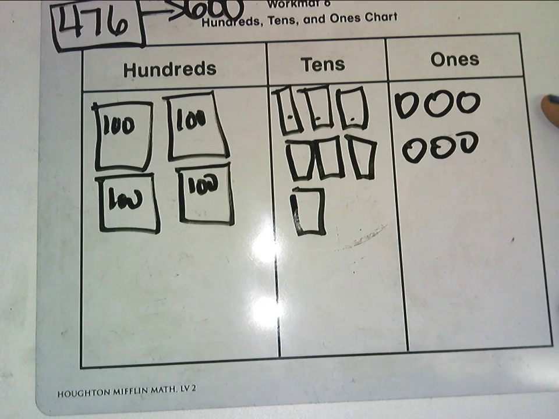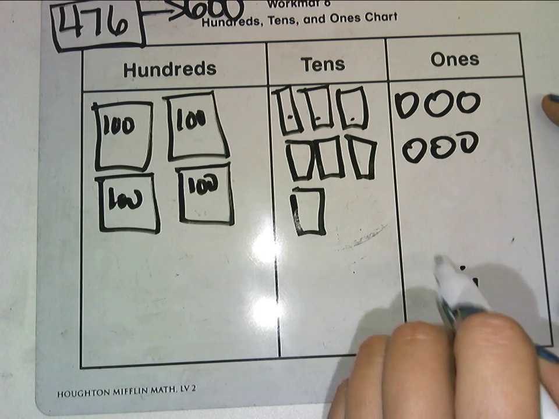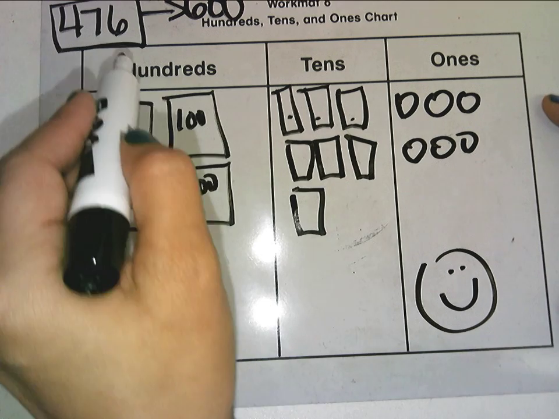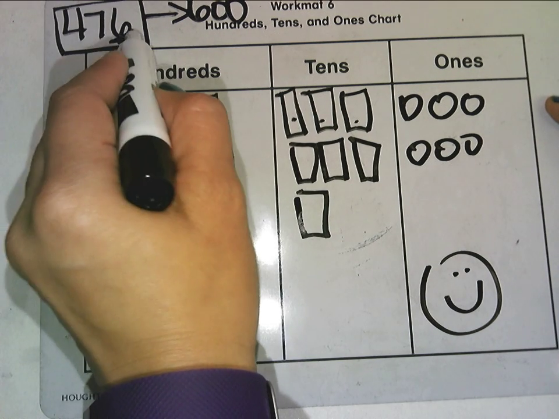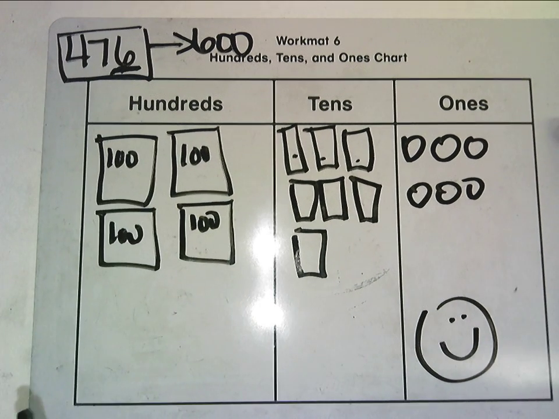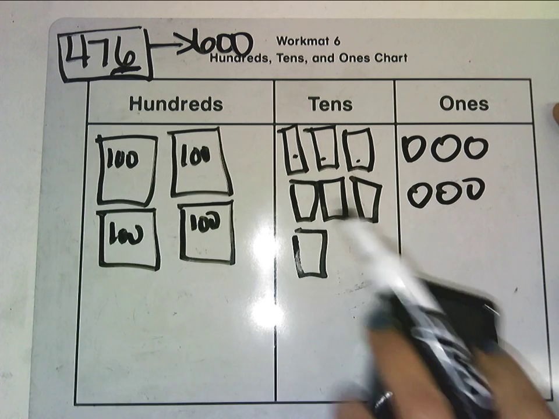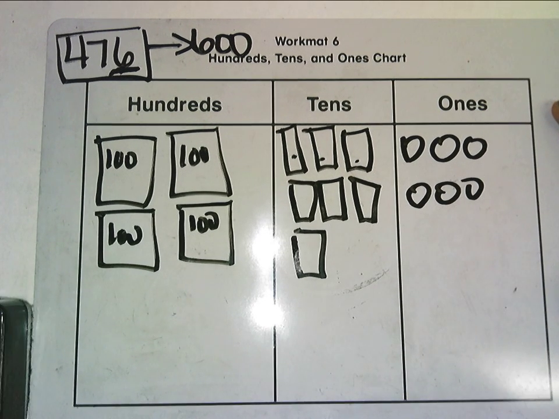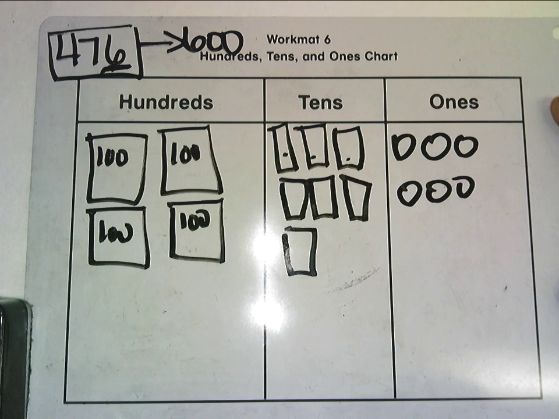So now, am I at that happy benchmark number? No, I'm not, because there's 6 in the ones place. So I need to add on ones to get to my next benchmark number, which would be 480.